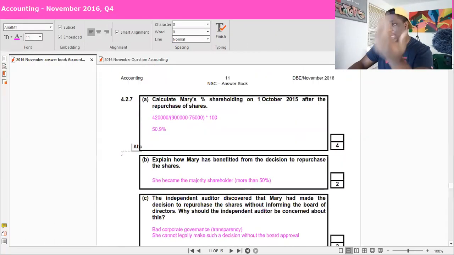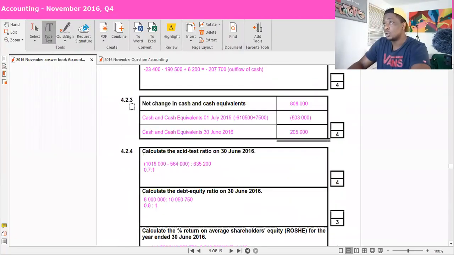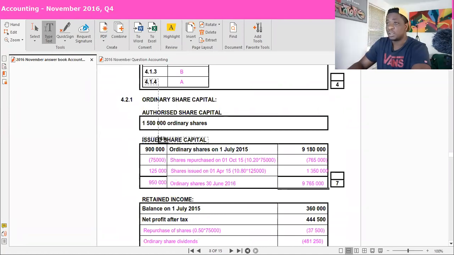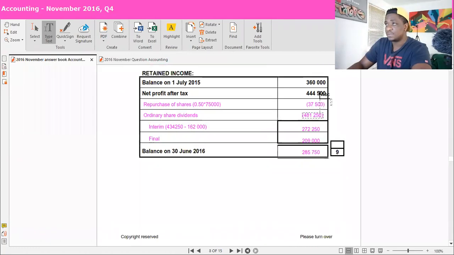To get this information, this is something that we had also calculated previously when we did the issued share capital note, the ordinary share capital note, and we calculated it to be 1,350,000. Sorry about that.